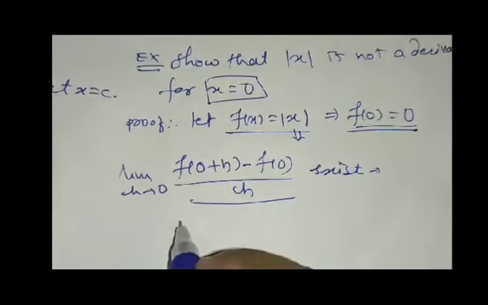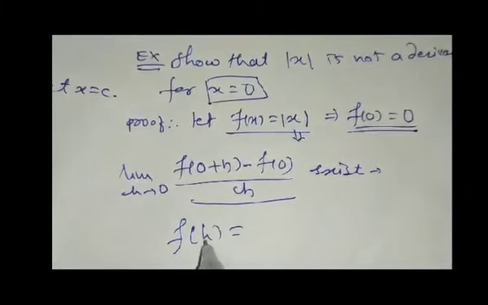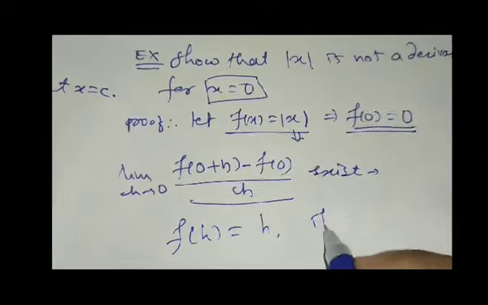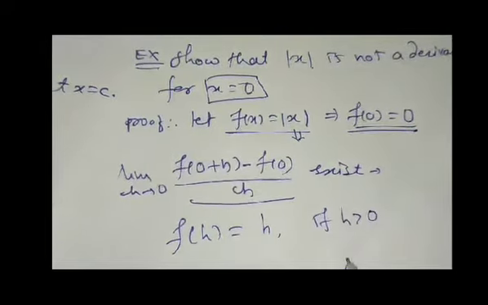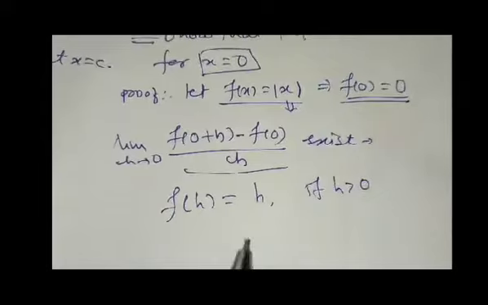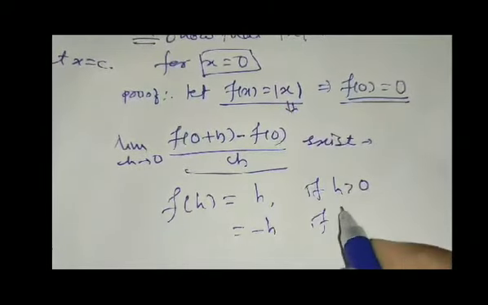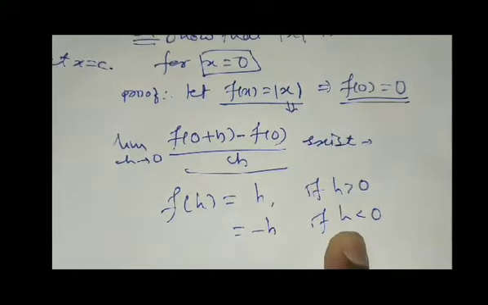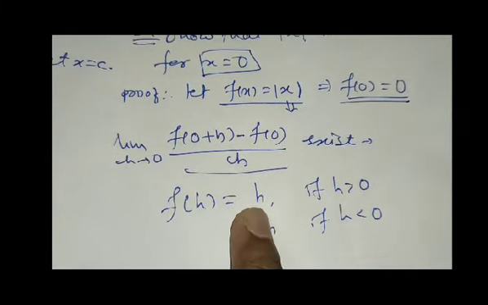So students, here the function is mod x, so f of h has two values. It is h if h is greater than 0, and minus h if h is less than 0. That means for the left hand side the value is minus h, and for the right hand side all values are positive h, isn't it?